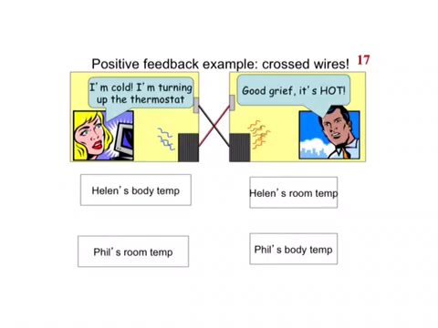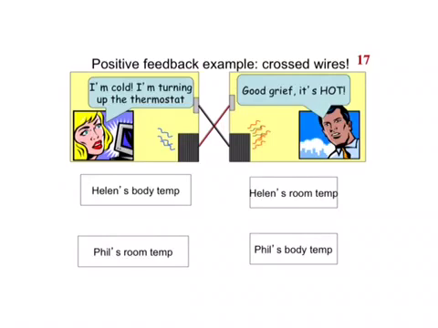So let's start with Helen's body temperature. And Helen is very cold, so she's going to turn the thermostat up to make the room warmer. But this actually doesn't affect her room, it affects Phil's room. So when Helen's body temperature goes down, Phil's room temperature should go up. And so this is a change in the opposite direction, which we should represent with a negative coupling.